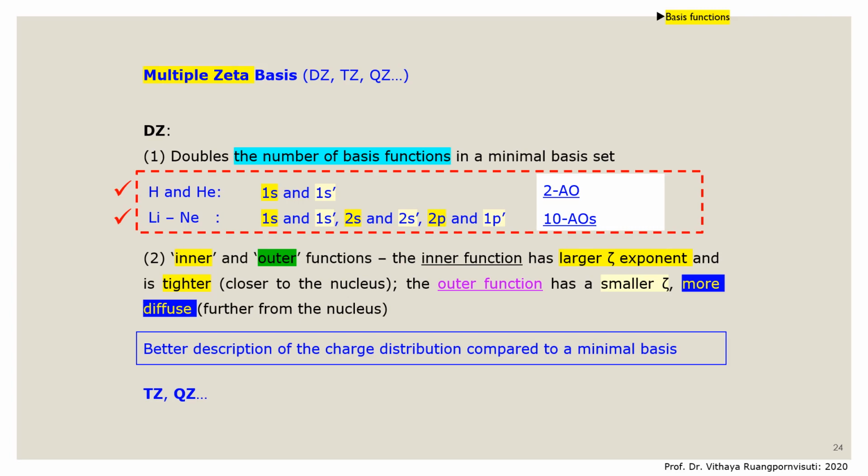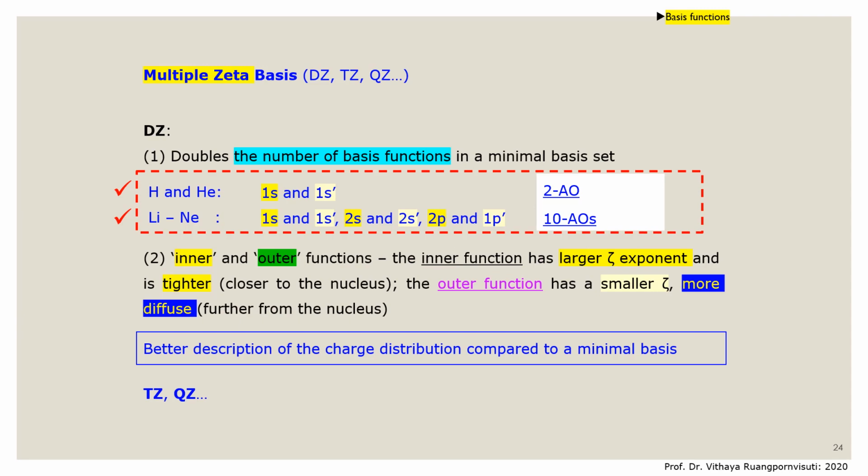Inner and outer functions. The inner function has a large zeta exponent and is tighter, or closer to the nucleus. The outer function has a small zeta, is more diffuse, and is further from the nucleus.